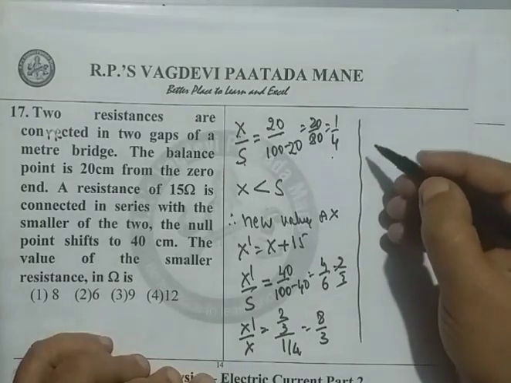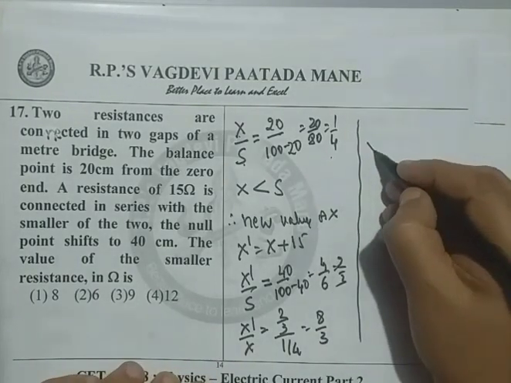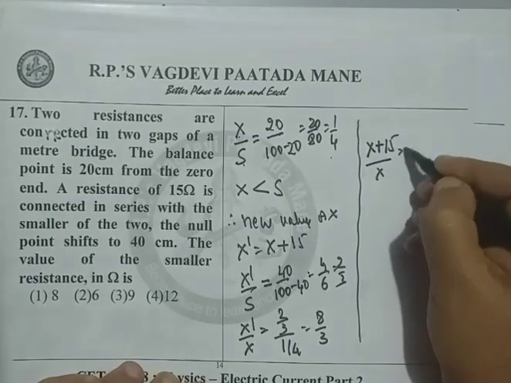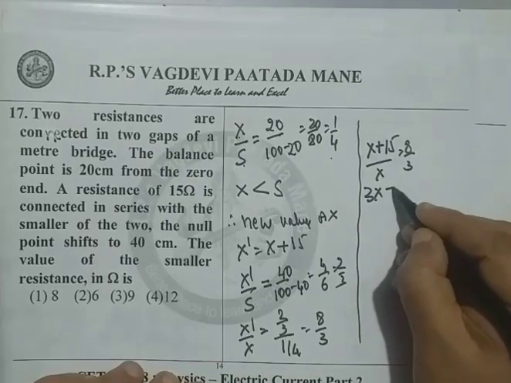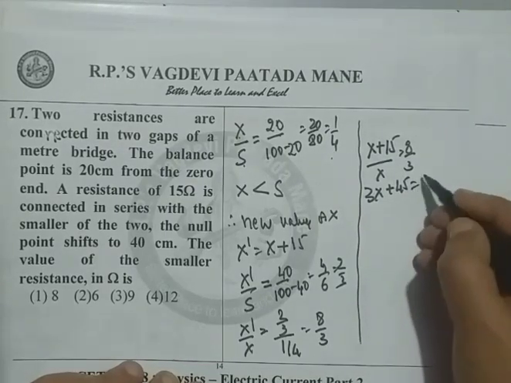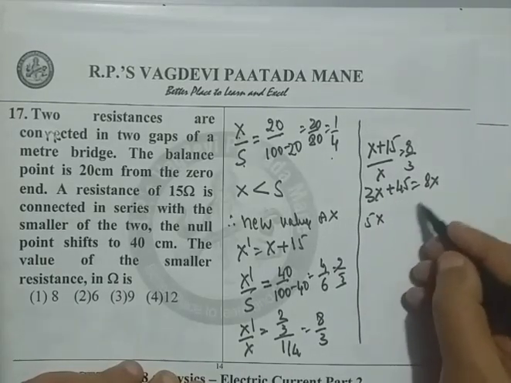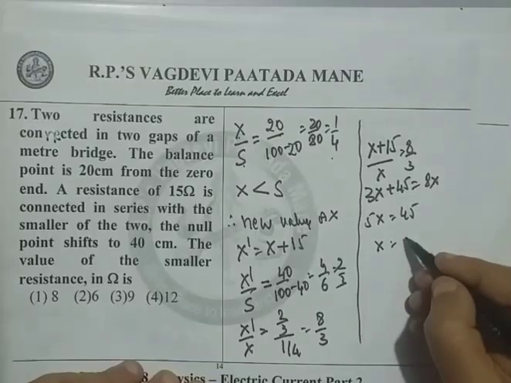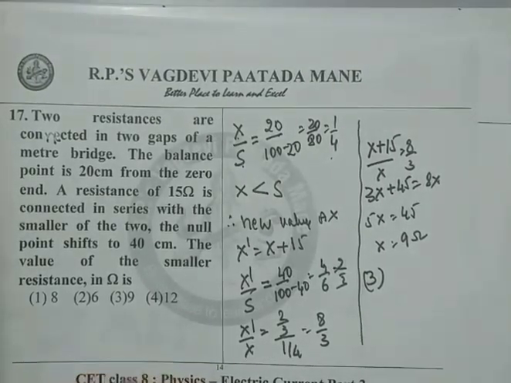X dash by X is 8 by 3, but X dash is X plus 15, so X plus 15 by X is 8 by 3. Multiplying this, 3X plus 45 equals 8X. So 5X equals 45. X equals 9 ohms. So option 3 is correct.